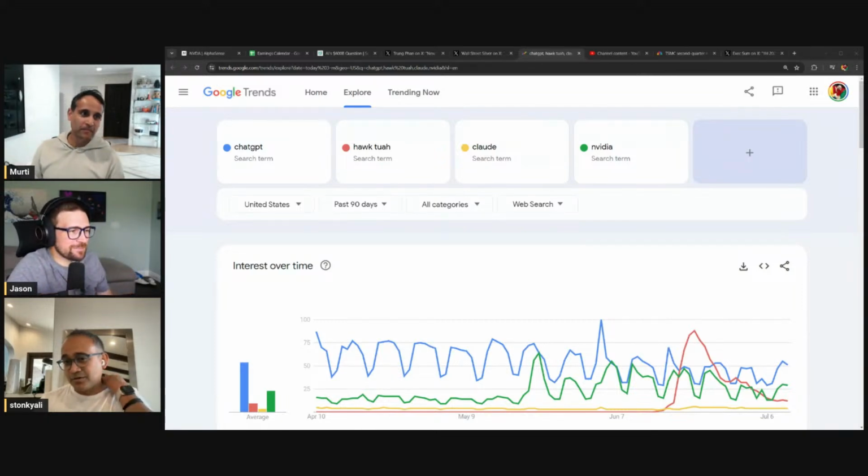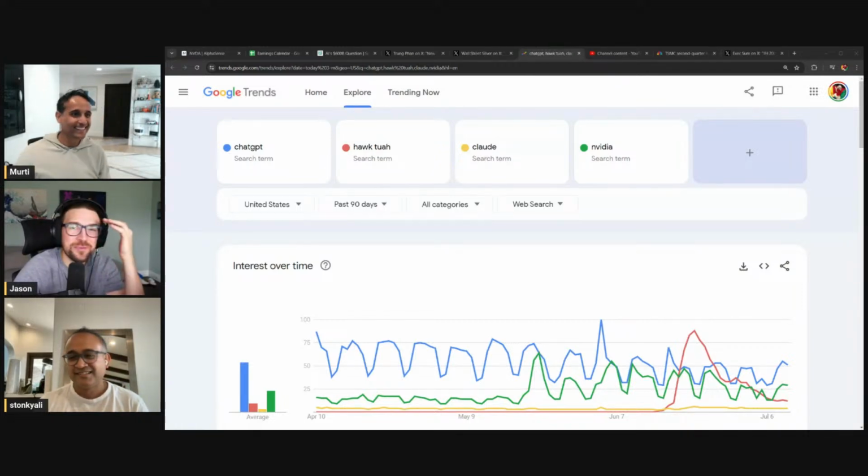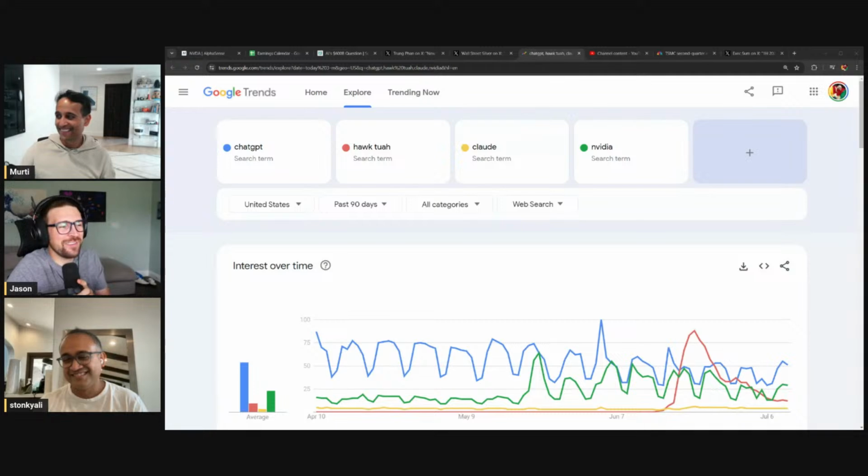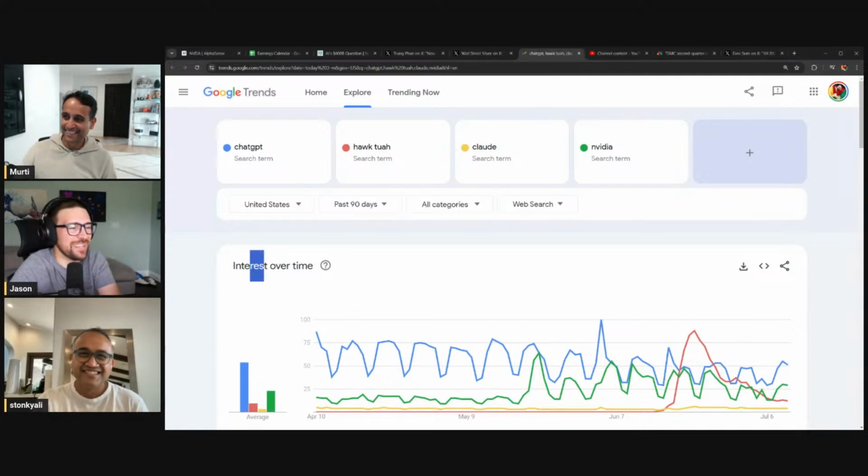And if you're into crypto, Hawk Tuah's market cap is currently at 1.5 million. They make a crypto coin for everything, and somehow it gets bought. I don't know how, but it does every time. But hey, more power to you.